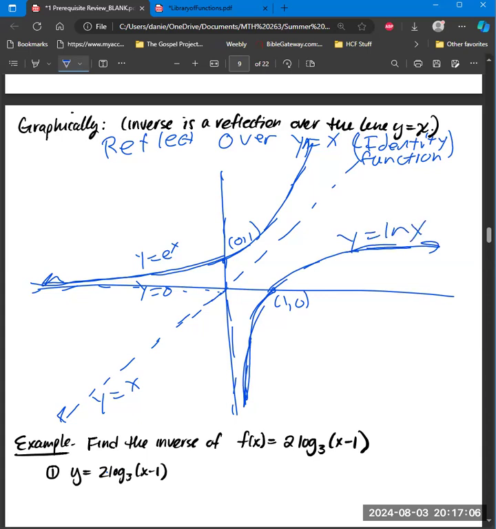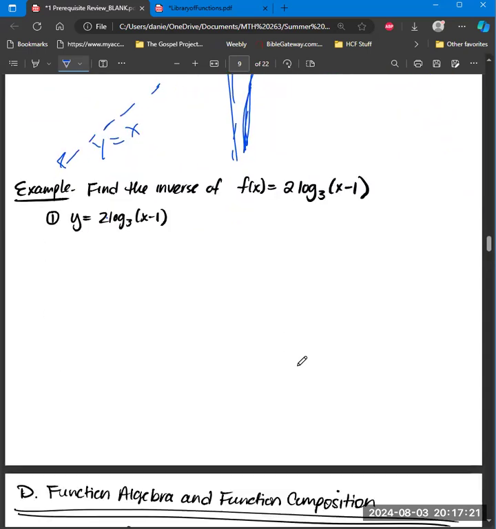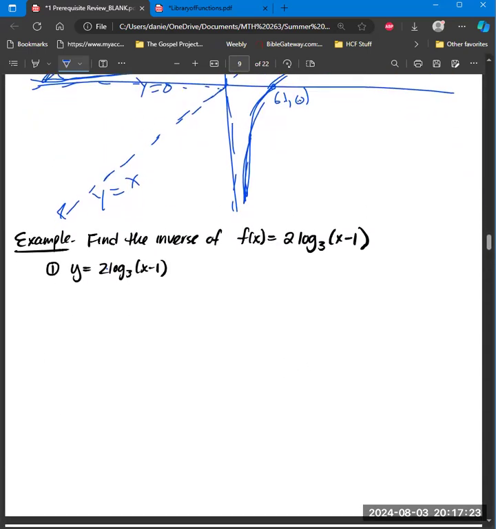And I want you to see that the x and y coordinates switched. So 0, 1 became 1, 0, and vice versa when I reflect over the line y equals x. That's what makes things inverses graphically.